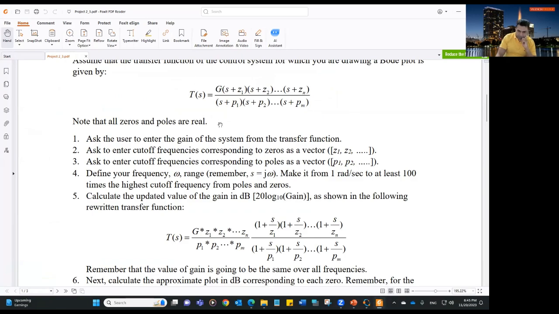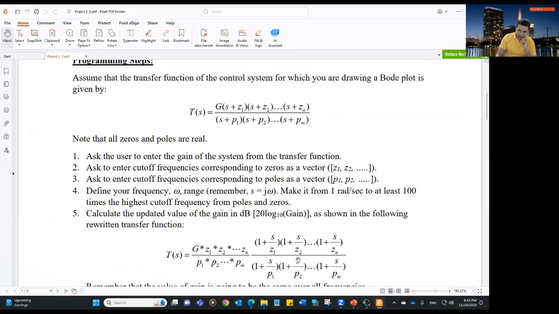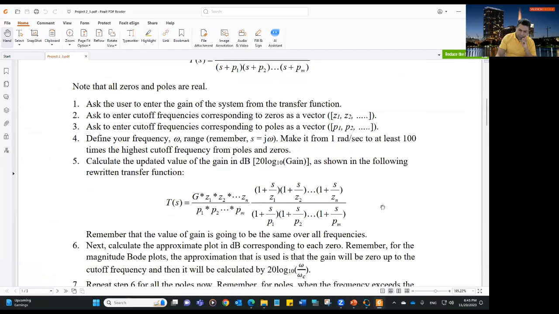Then you're going to calculate the corresponding value of gain in decibels. Remember, this equation is going to be written as this. S will be j omega, remember. But you're going to write it down in the first order form, 1 plus frequency over cutoff frequency. So this will be your modified gain value right here.